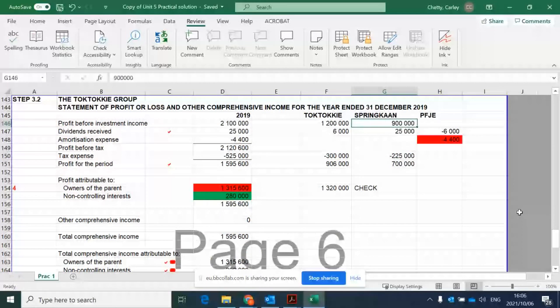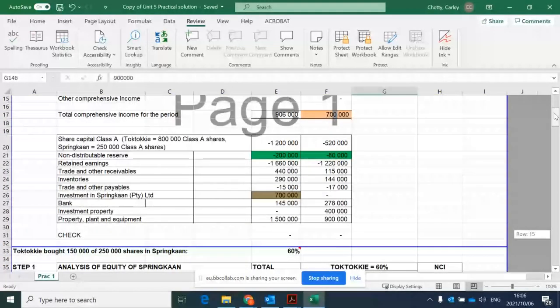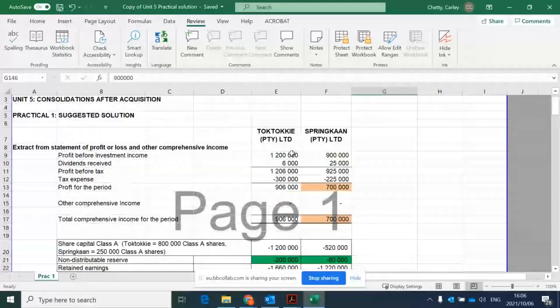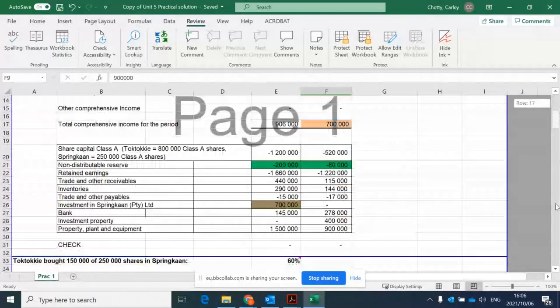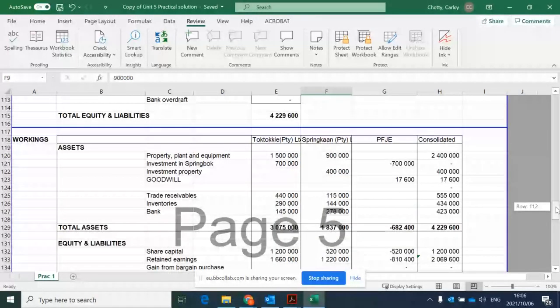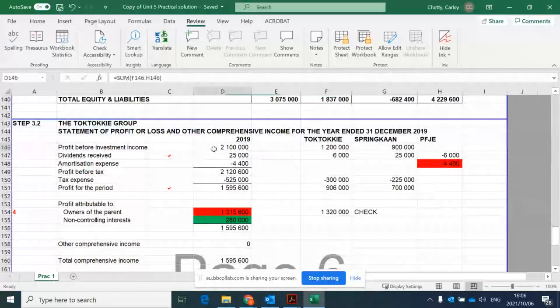Let me just show you where these come from. If you go to the top, this was given in the question. So you're simply adding Tok Toki and Spring Khan. If we add the profit before investment, we get a consolidated amount of 2.1 million.